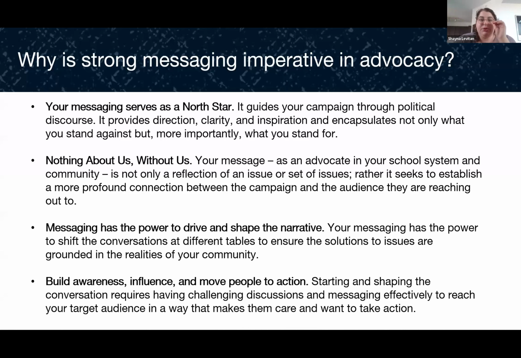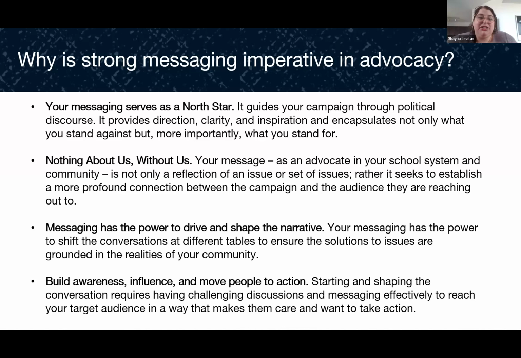Next, your message is what establishes the direct connection from your position to your audience. So it can really directly inform your audience's understanding of the issue, but also the role they play in that issue. And so it makes it clear that you and them have a stake in this and you want them to engage in a certain capacity.